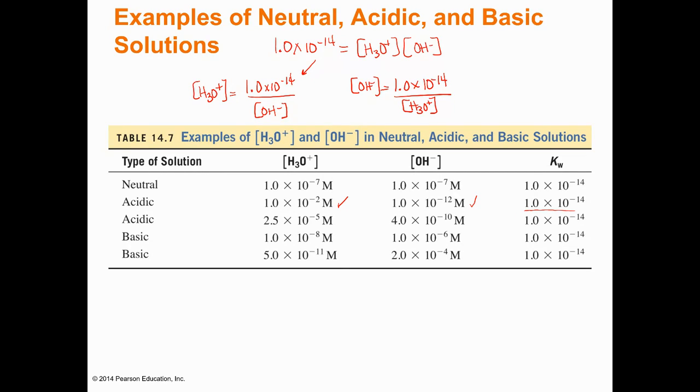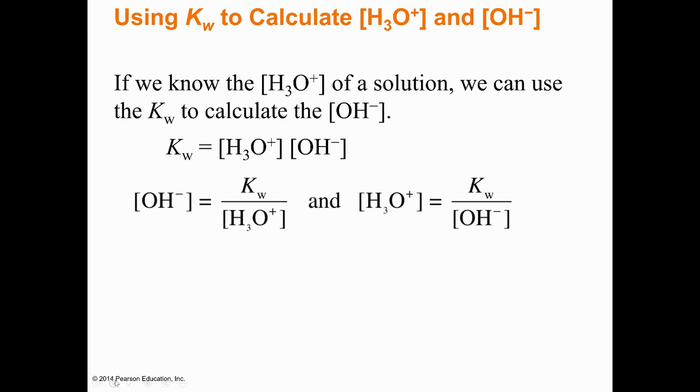And then take this one here, take the Kw and divide it by hydronium and make sure you get that hydroxide number. This will be very good calculator practice to make sure that you are getting the correct numbers. So you can pause me and do that, and then I'll keep going.